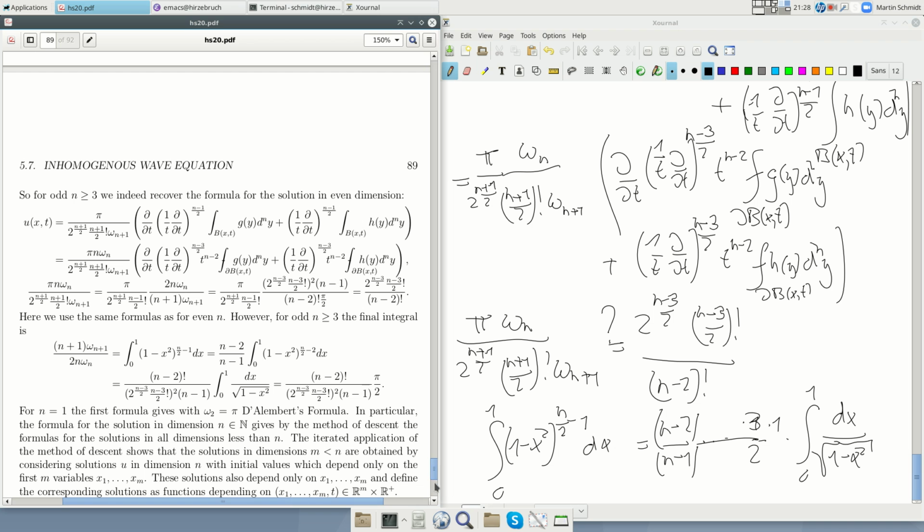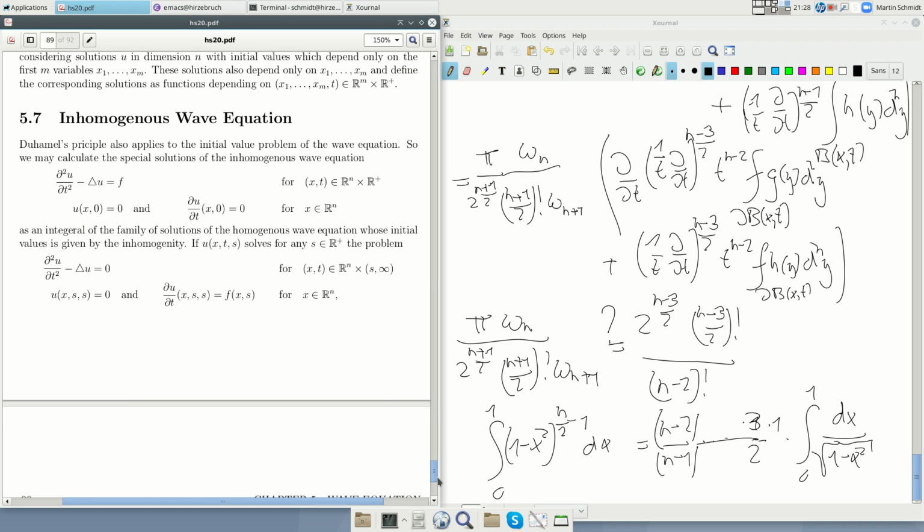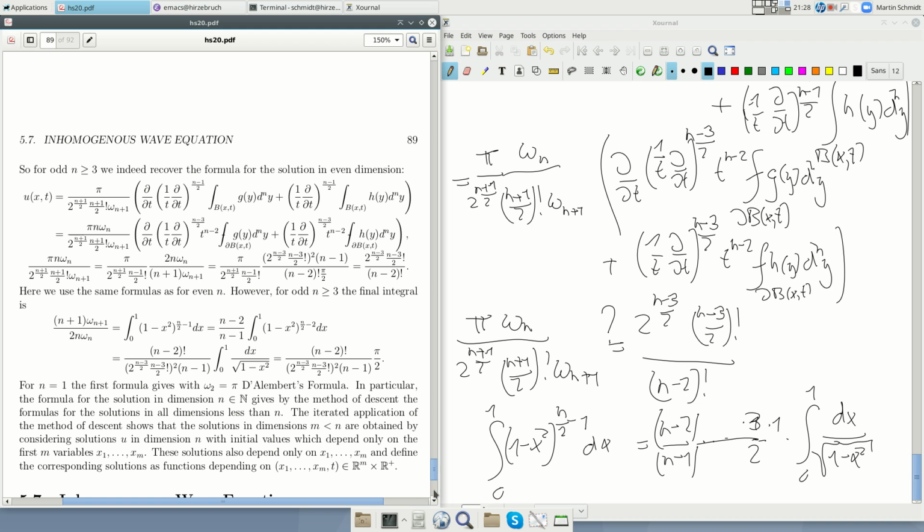So we get this equality by this recursion formula. So we see indeed that we can obtain by the method of descent all lower dimensions. Now we may iterate this application of the method of descent, and by this iteration we get all the formulas in lower dimension by inserting initial values which only depend on the first m variables, for an arbitrary number m which is smaller than n.